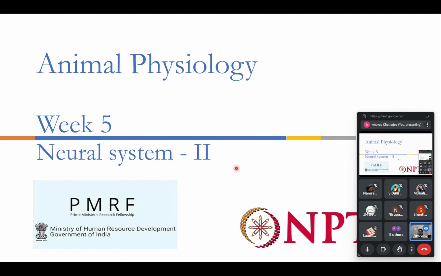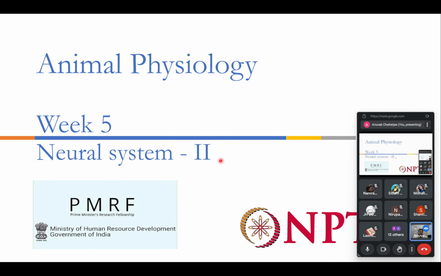Good evening, everyone. Welcome to the week 5 PMRF-NPTEL session on animal physiology. This week, we have dealt with the videos related to neural system part 2. We dealt in depth with how exactly neurons function, the various parts of the action potential as well as membrane potential, and how the ionic balance is kept across the neuron so that they may maintain a membrane potential.